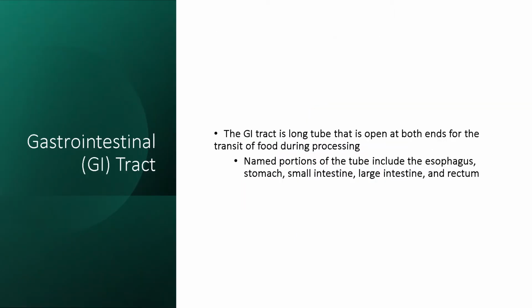So like I said, the GI tract is going to be this long continuous tube, and it goes through the thoracic and abdominal cavities and extends from the mouth to the anus. Organs of the GI tract are going to include the mouth, most of the pharynx, and then the esophagus, the stomach, small intestine, large intestine, and the rectum.